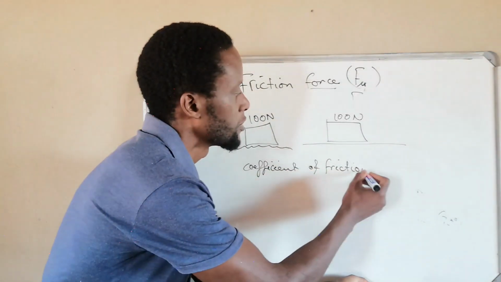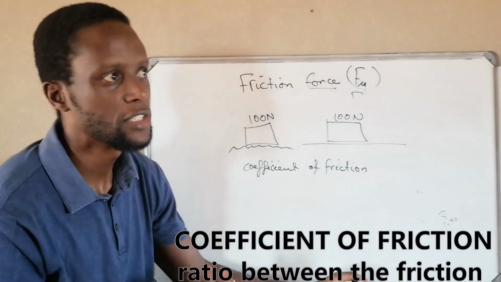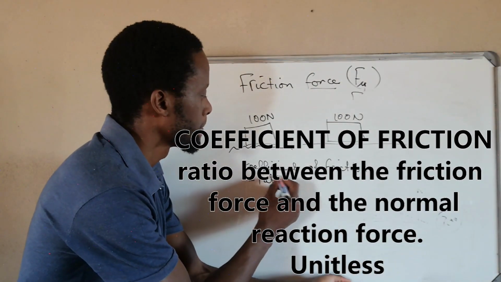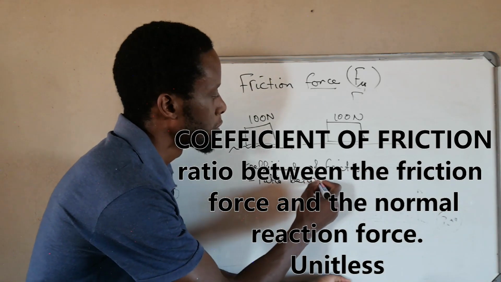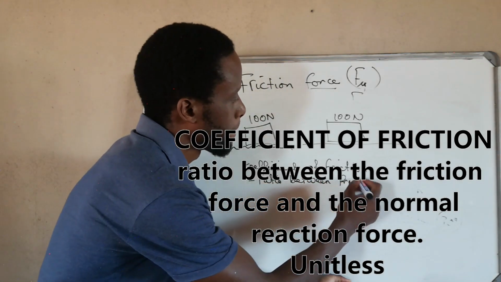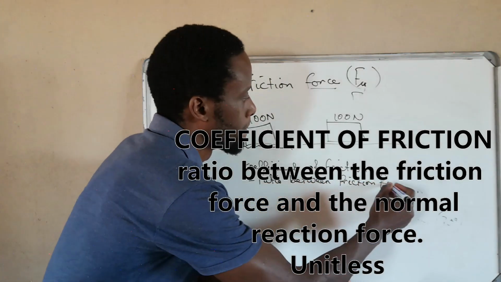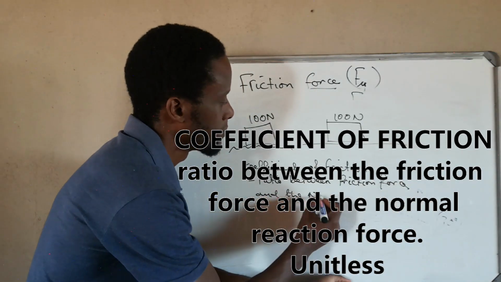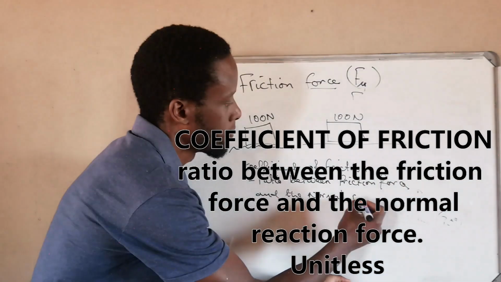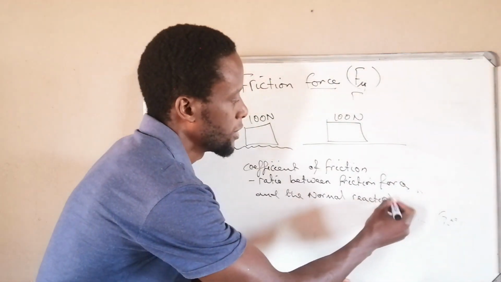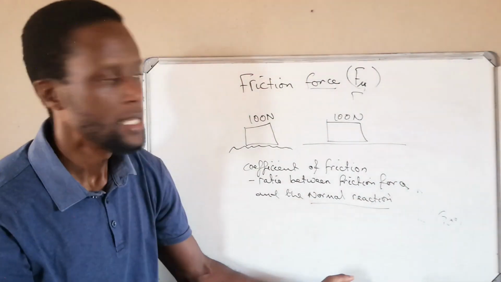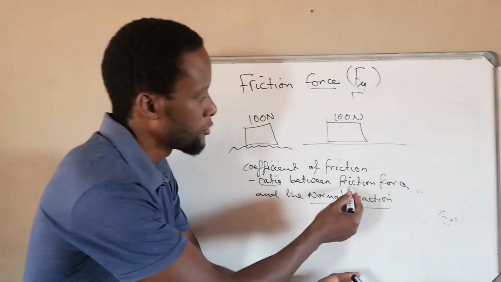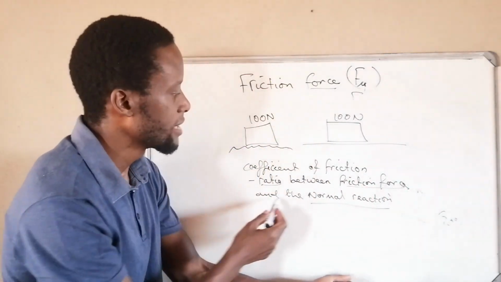This coefficient of friction is basically a ratio between the friction force and the normal reaction. At this point we already know what normal reaction is. So it is a ratio between the friction force that is experienced and the normal reaction.